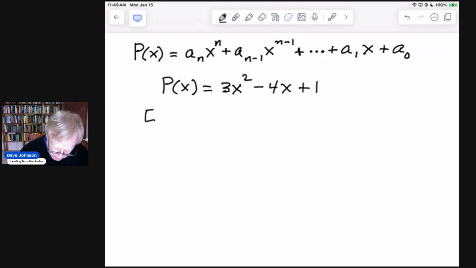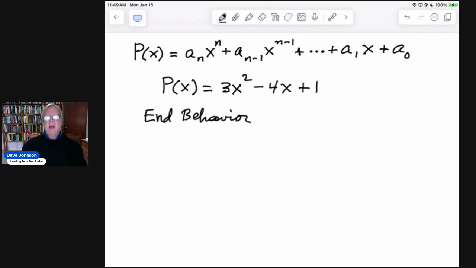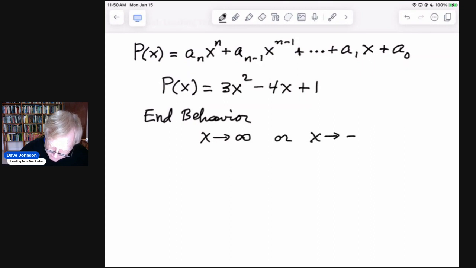Now I want to talk about end behavior. What do I mean by end behavior? Well, end behavior is the behavior of the function, in this case, the polynomial, as x gets very, very large in the positive direction or very, very large in the negative direction. So in other words, as x goes to positive infinity or x goes to negative infinity.